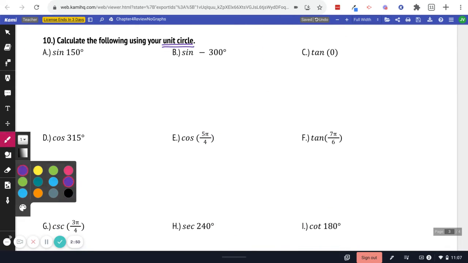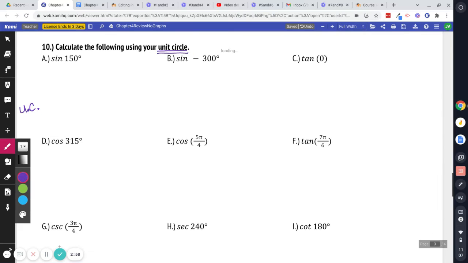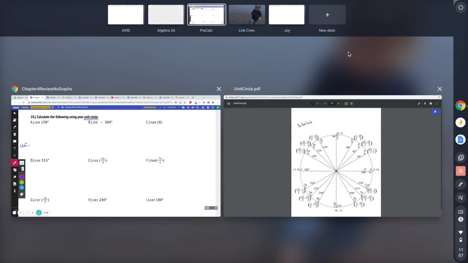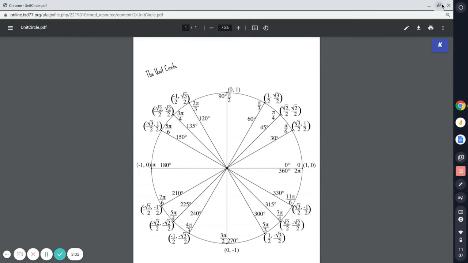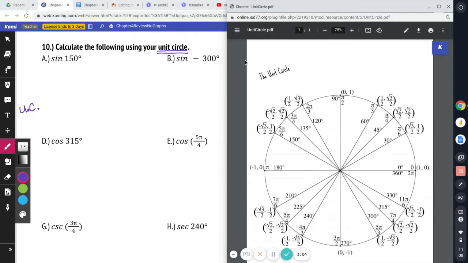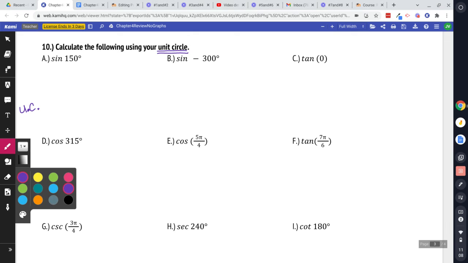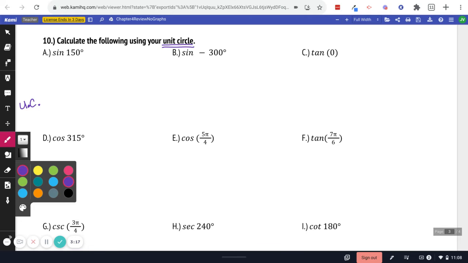Question 10. Question 10, again, is a unit circle question. So, in your unit circle, and I'm just going to pull mine up. So, hang on one second. Let's do this. I thought I had it up. I think this should work. So if I'm looking at sine 150, I'm going to find a 150-degree angle.